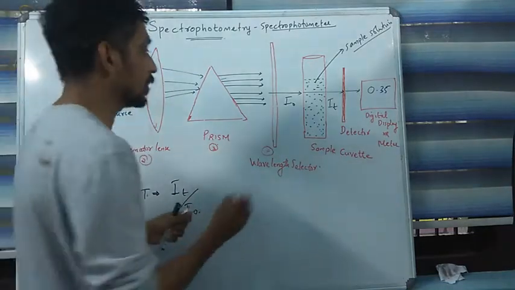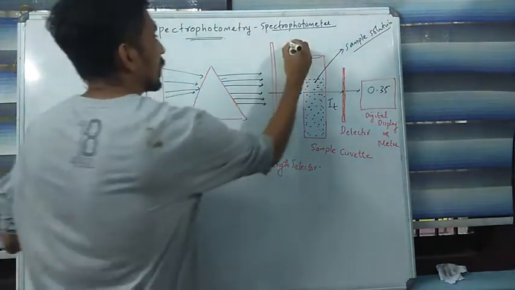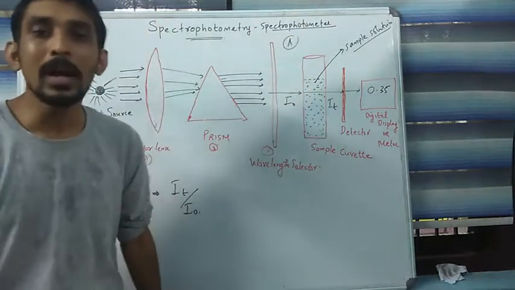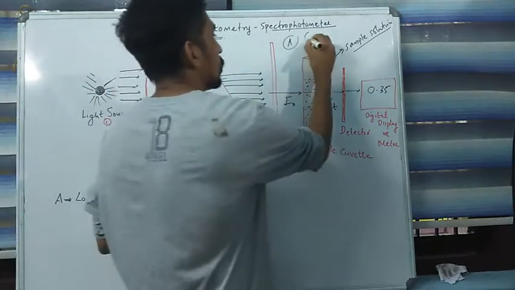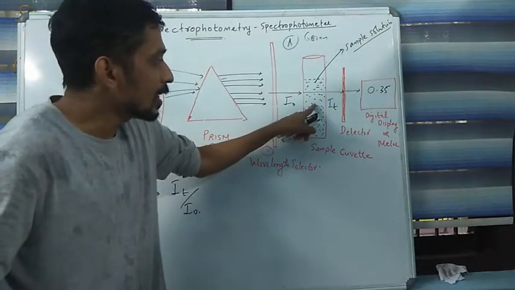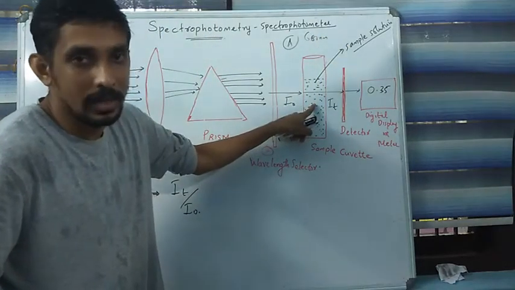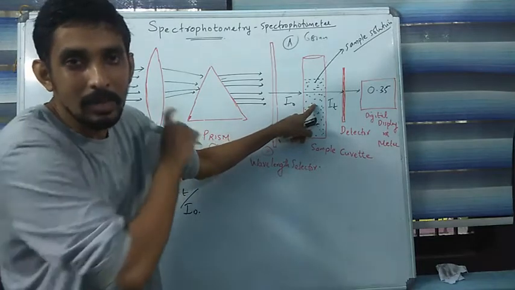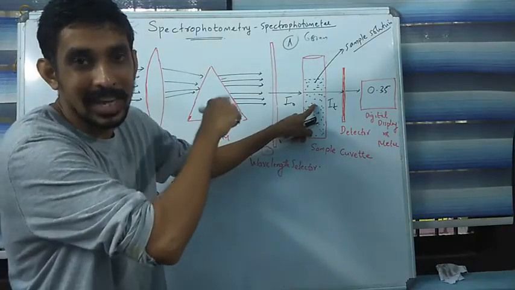Suppose you imagine particle A can absorb a 680 nanometer wavelength. Suppose this sample solution contains particle A. Now I am giving a wavelength of 680 nanometers.